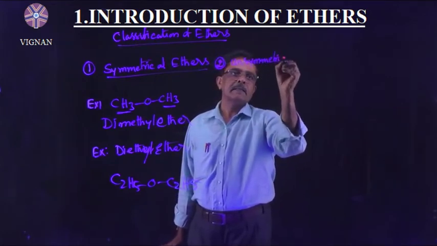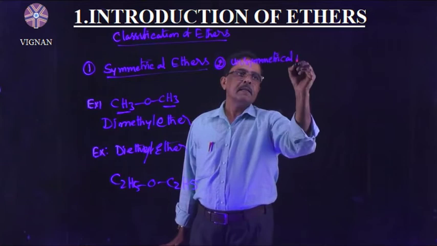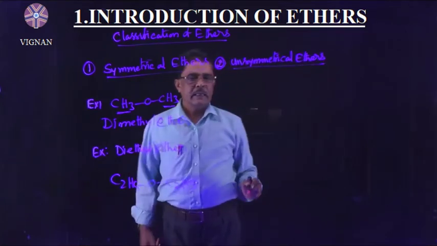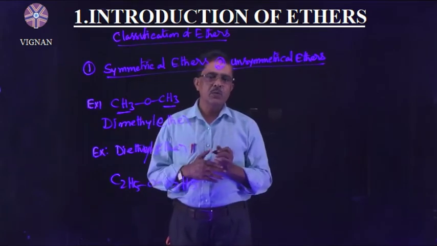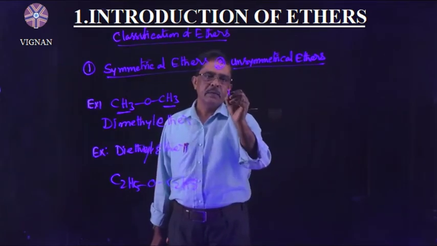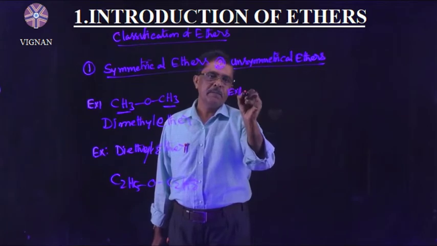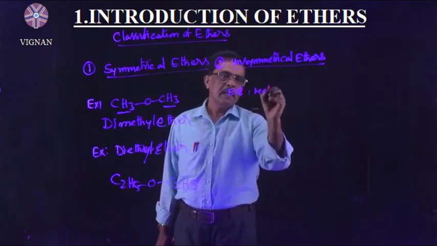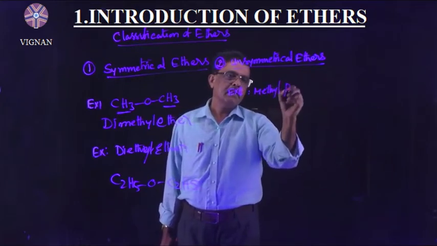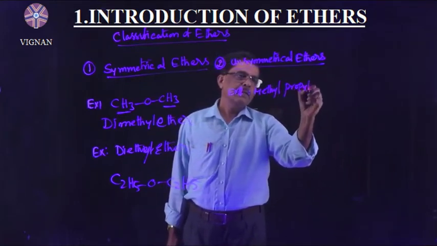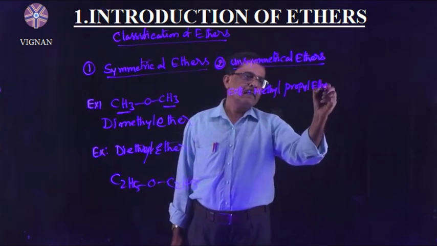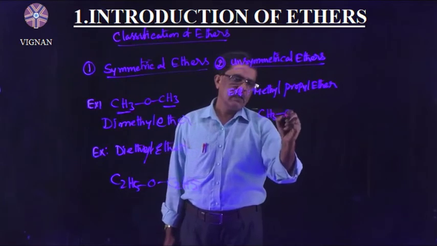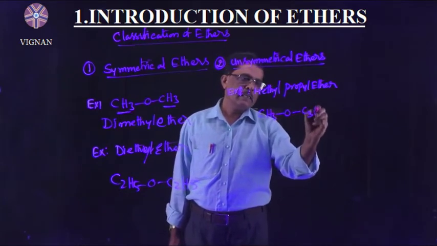Second one is unsymmetrical ethers. Unsymmetrical ethers are ethers in which the two alkyl groups are different. I want to take example number 1: methyl propyl ether, with formula CH3OC3H7.